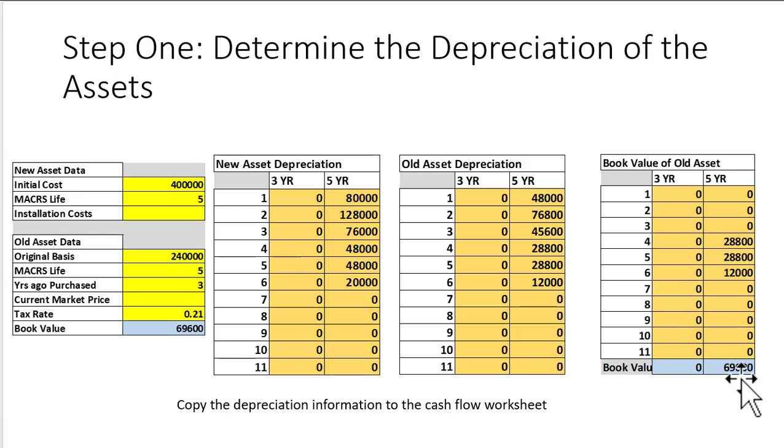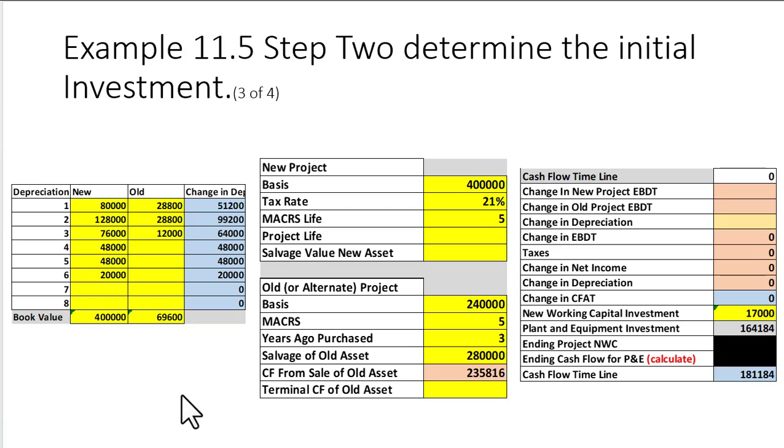Now, the process then is we need to copy the new asset depreciation and the remaining depreciation from this depreciation worksheet, and we need to paste that into the cash flow worksheet. So you can see that's what I did here.